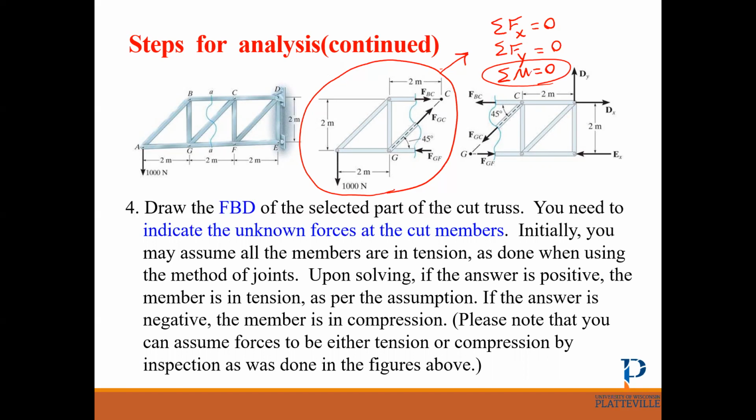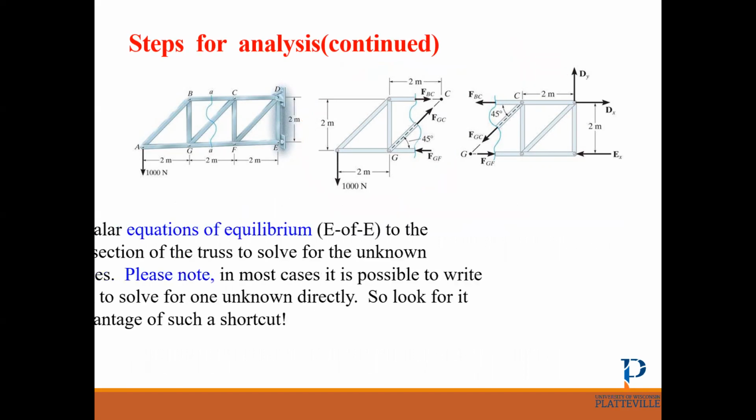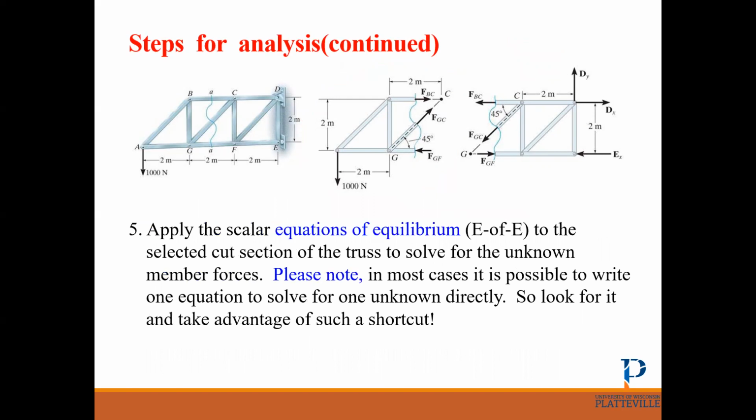All right, let's see what the next step is. Applying the equilibrium equations, for example, in this side of the truss, which point is a good one to take the sum of moments about? So here we have A, B, G, C, and here it's imaginary, it's F. Which point is a good point?